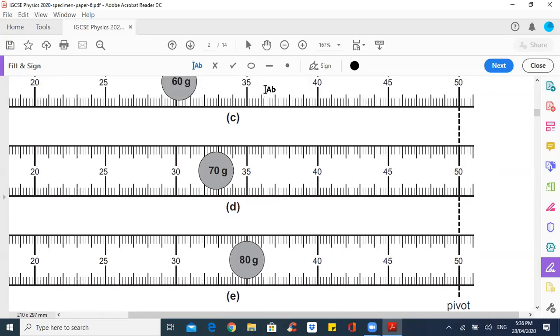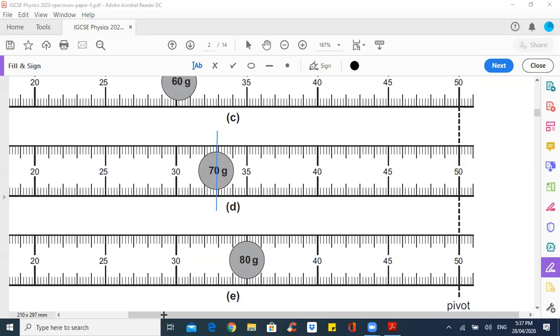So for the 70, you find the center again, the bob, the mass, which is one stroke before this mark here. So it'll be 30, 31, 32, 32.2, 32.4, 32.6, 32.8.